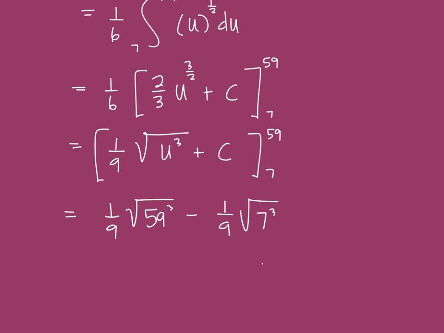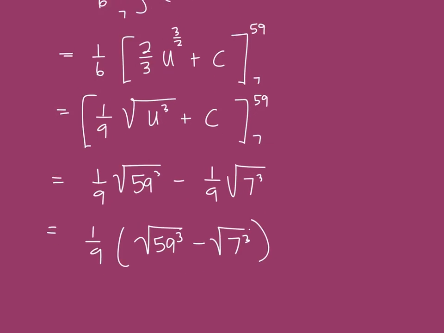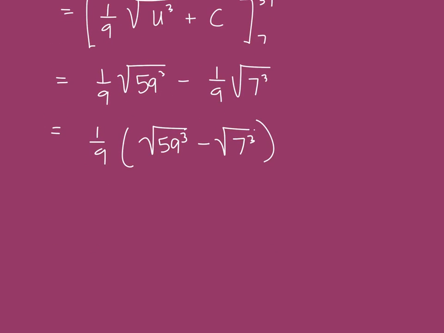Okay, you don't necessarily have to expand that to get anything. You can just leave it like that. If you wanted to factor the 1/9 out, I suppose you could. You could have 1/9 times the quantity, the square root of 59 cubed minus the square root of 7 cubed. That would maybe be one thing you could do, or put the whole thing over 9 or something. But you don't have to get a decimal value or these really big square roots. You can leave it.